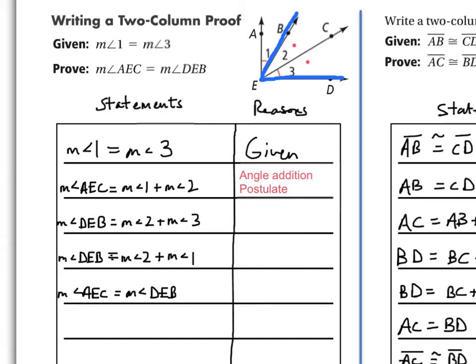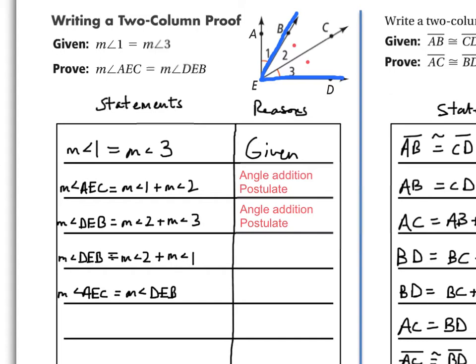Well, this happens to be the exact same thing. You're using part plus part equals whole in the picture, so we're going to use the angle addition postulate. That's going to be our reason for step 3.